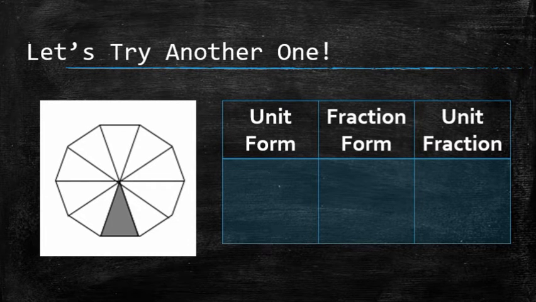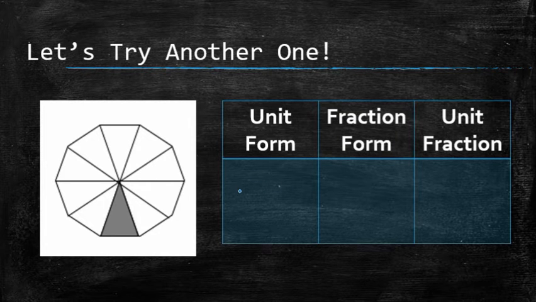This one looks really hard, but it's actually just as easy as the other one. So don't get scared when you see more than 3 sections in something. In fact, let's go ahead and just count the sections together. 1, 2, 3, 4, 5, 6, 7, 8, 9, 10. There are 10 sections in this, we'll call it a polygon for now, okay?